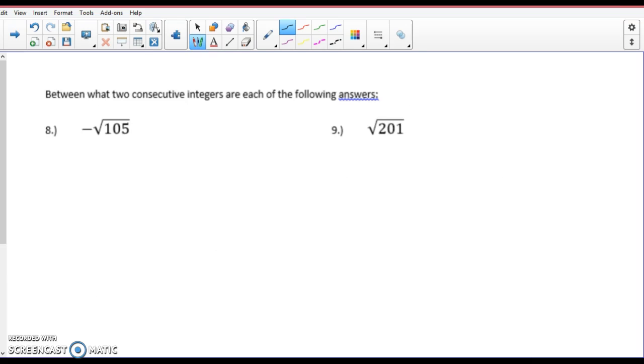Between what 2 consecutive integers are each of the following answers? We are going to use our brains. The square root, there's a negative in front of it. Okay. Let's just deal with the square root of 105. What two perfect squares is that between?